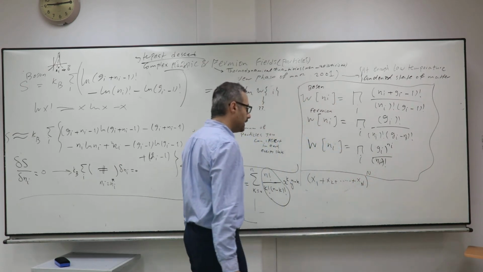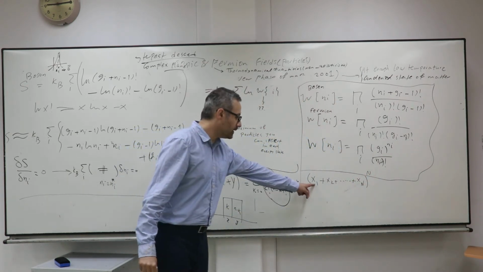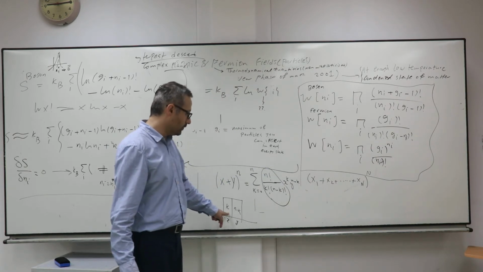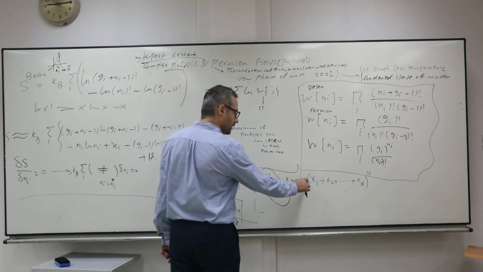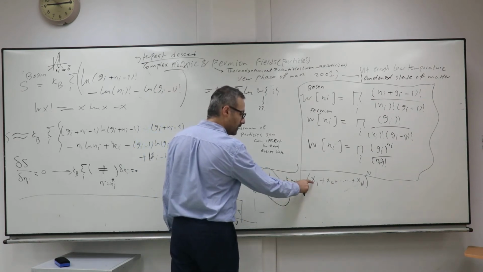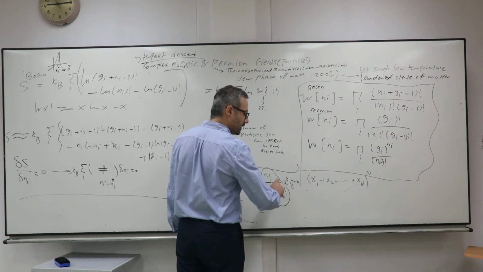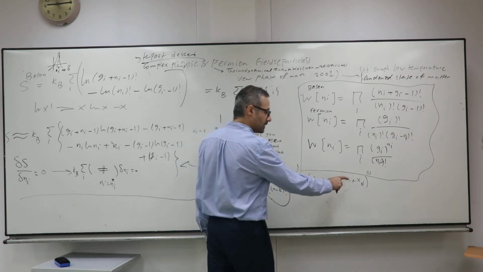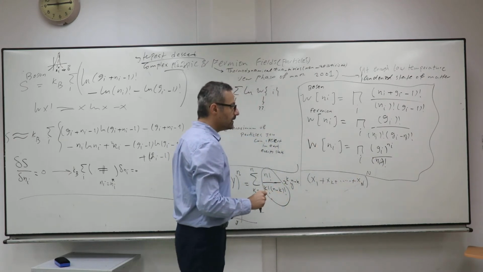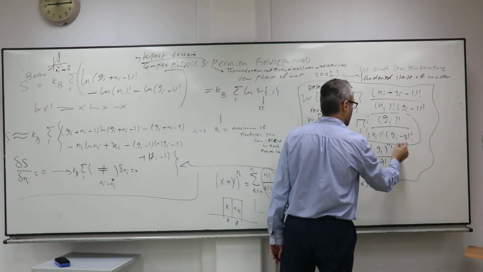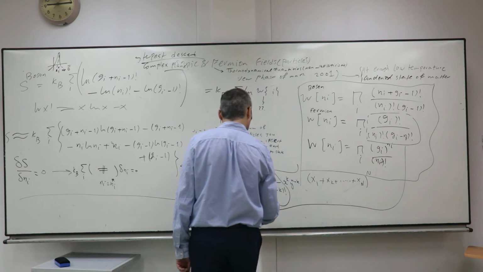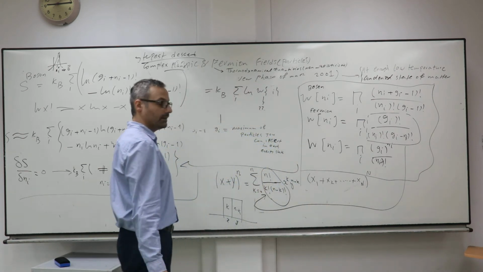Each one is like what I told you. You want to find the weight of distributing n1 particles to this energy, n2 particles to this, and n particles to that. These factorials I want to just leave for you, one thing to think about.